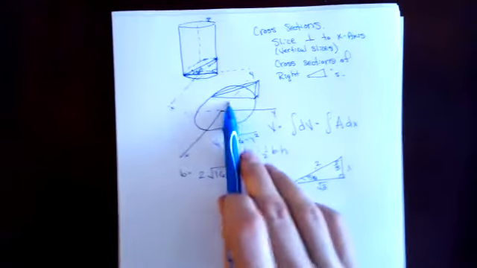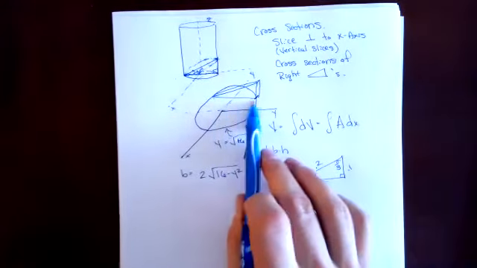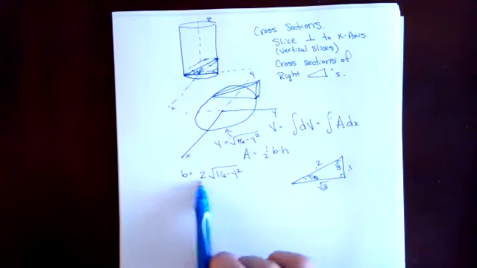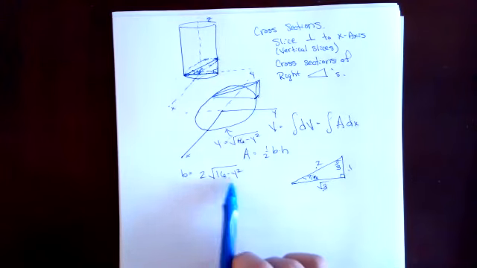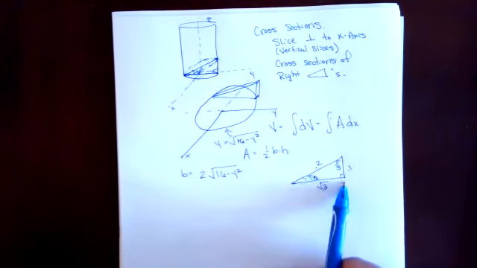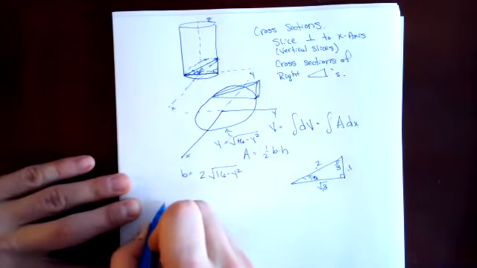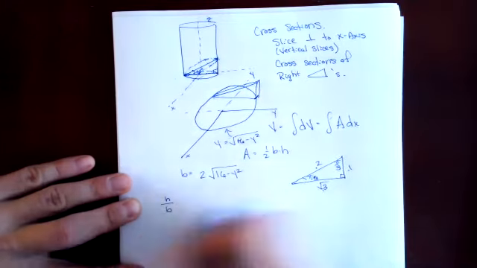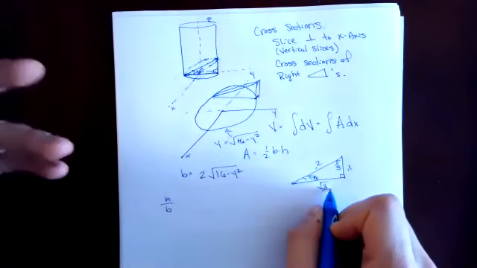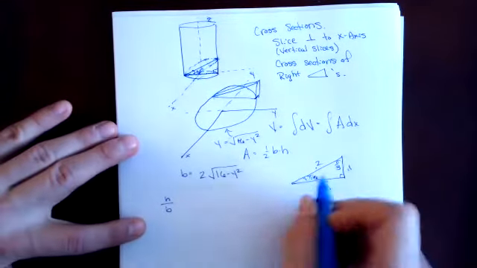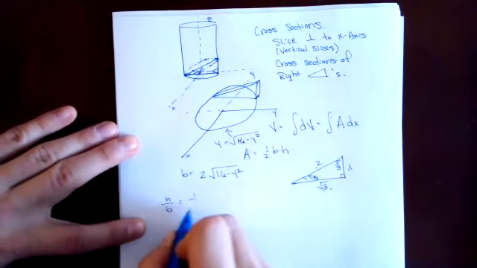And so what does our triangle look like? Well, if this is my base, 2 times the square root of 16 minus y squared, that means the ratio of the height to the base, our tangent ratio essentially, for this 30 degree side, should be 1 over square root of 3.